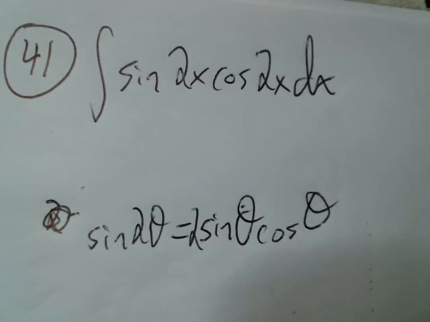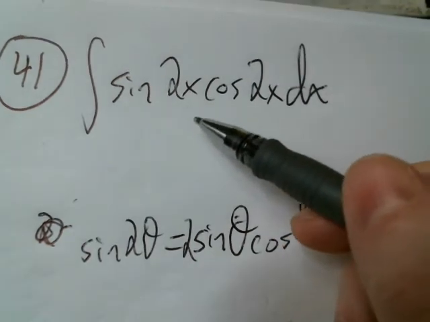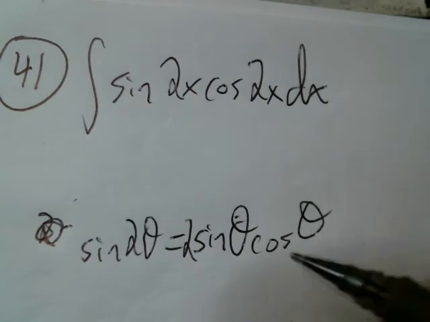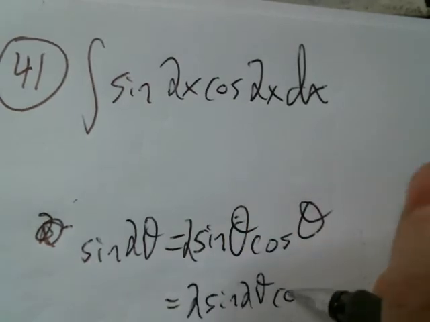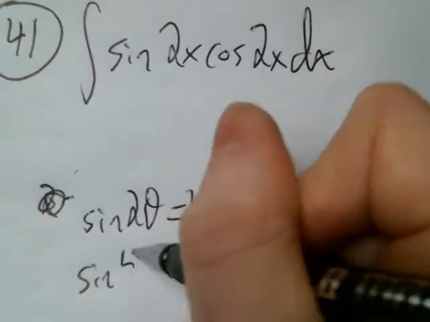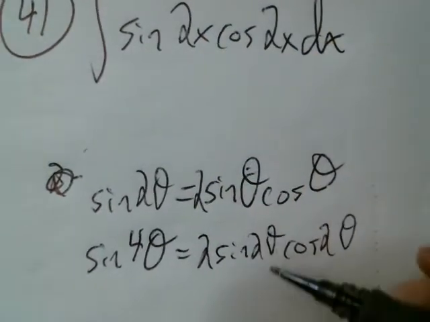Sure, yeah, so if you want to rewrite this thing, how do you do that? Well, you could replace these with 2's. So I have 2 sine 2 theta cosine 2 theta, and then over here that'll be sine of 4 theta. And then to replace this thing, you have to divide both sides by 2, right?